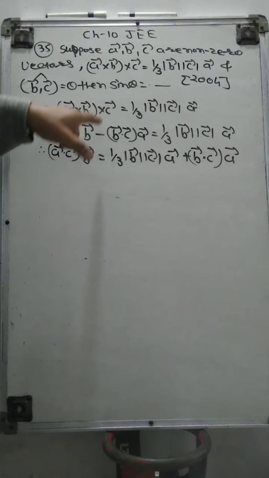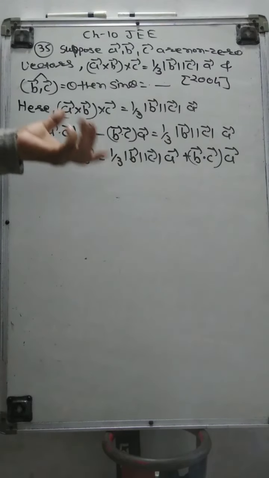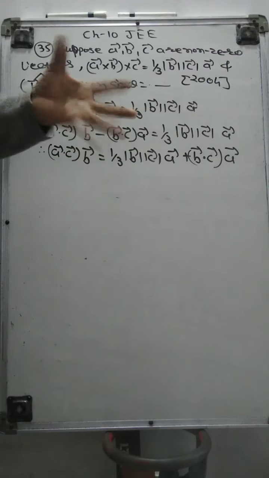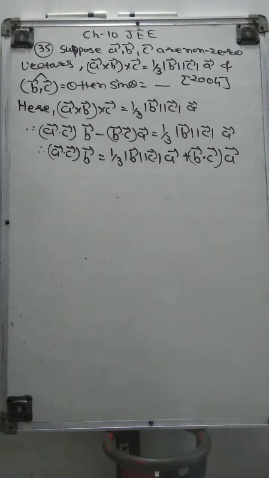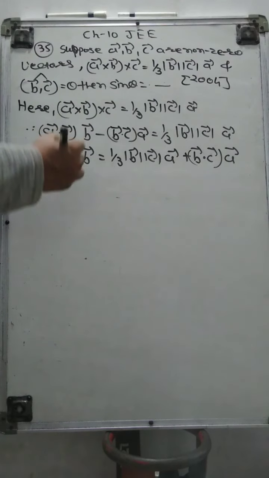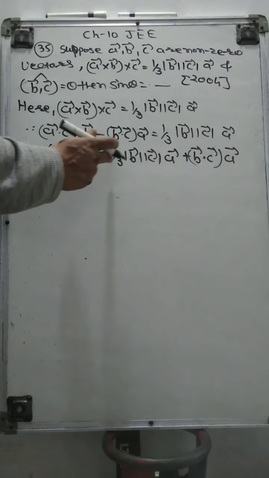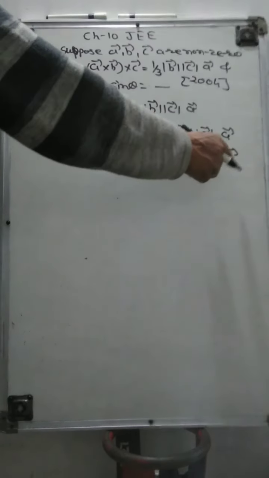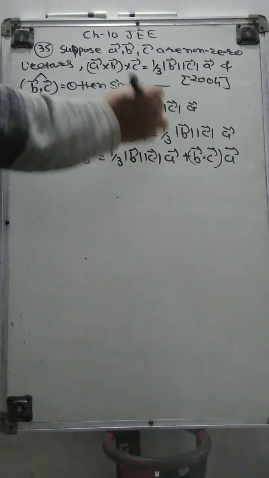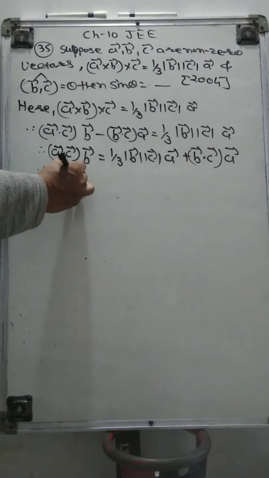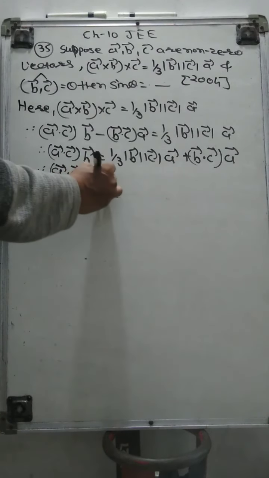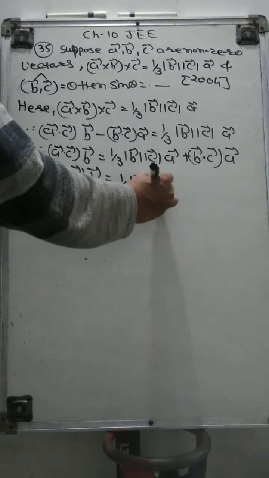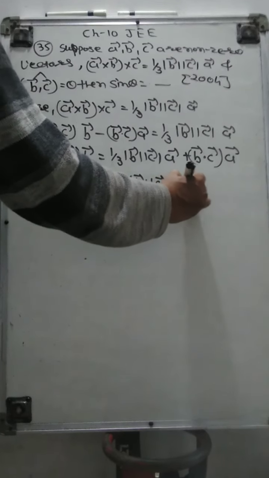Here the formula we apply is quite different, because we want to obtain this A bar, therefore we just reverse this formula, and we get A dot C into B bar equal to 1 by 3 mod B mod C into A bar plus B dot C into A bar. Therefore A dot C into B bar is equal to 1 by 3 mod B mod C plus B dot C into A bar.